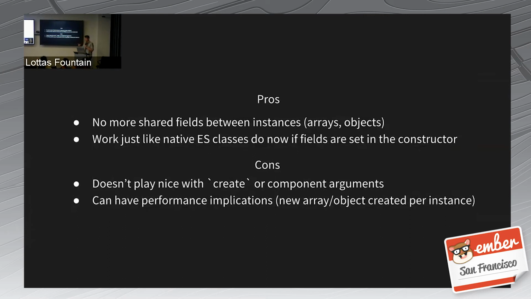So it's much more natural coming from the ES class world, but it doesn't play super nicely with create, object.create, or by extension, the way that components will override values when they're passed in. And it can also have performance implications. You're creating a new array or a new object per instance of your class, so you do have to be aware of that.